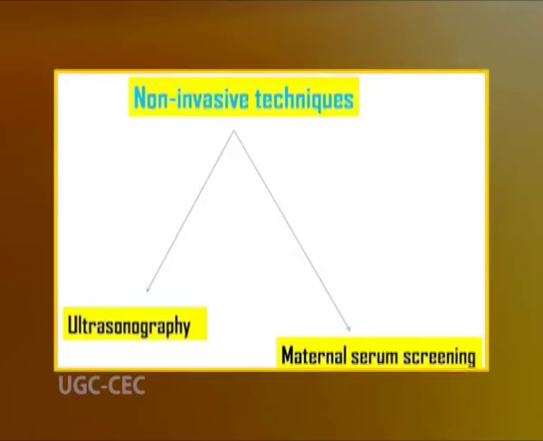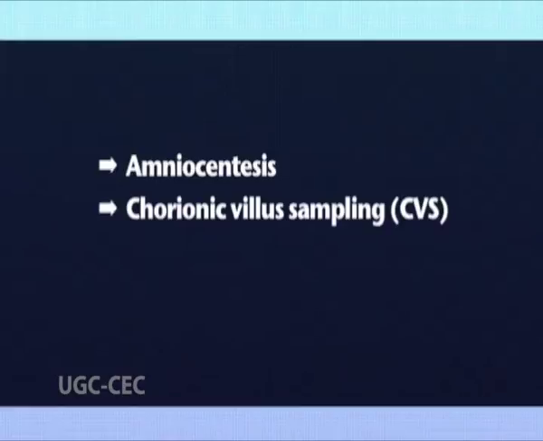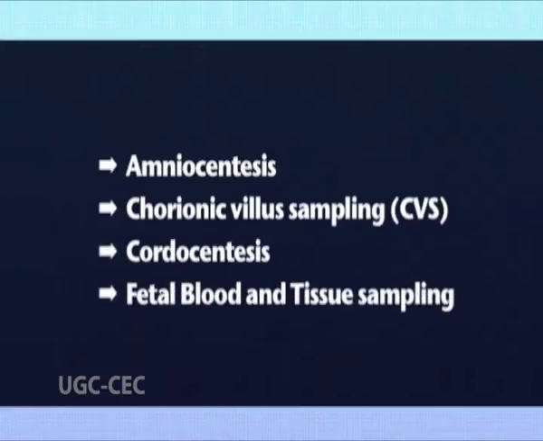Non-invasive procedure is harmless to both the fetus and the mother, used during specific time periods during the pregnancy, and includes ultrasonography and maternal serum diagnosis, that is alpha-fetoprotein. Invasive method involves probes or needles being inserted into the uterus but may be risky to the fetus, which include techniques such as amniocentesis, chorionic villus sampling (CVS), chordocentesis, and fetal blood and tissue sampling.